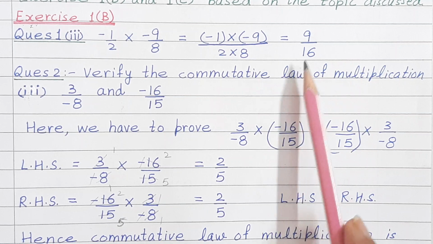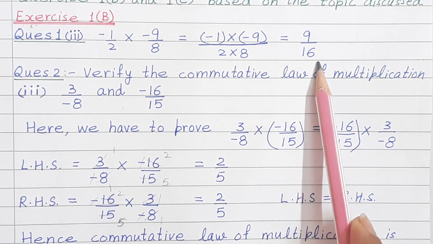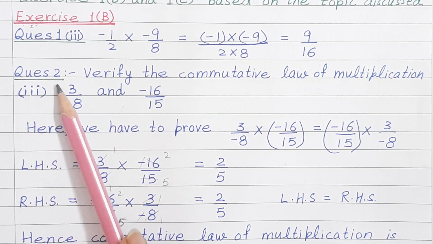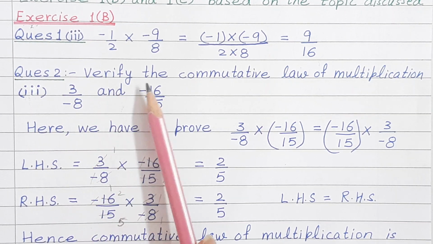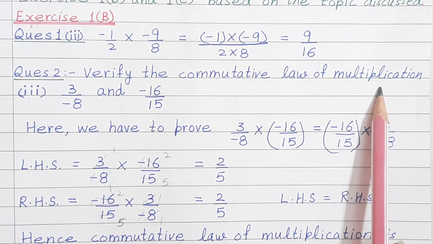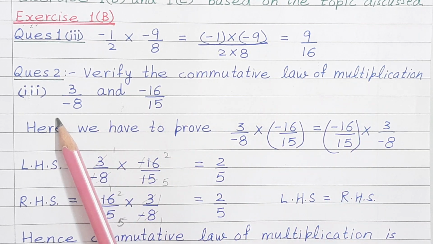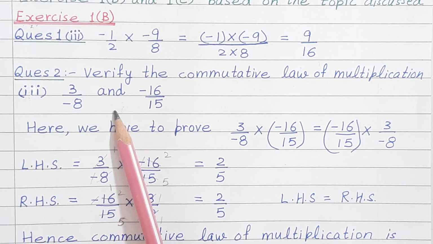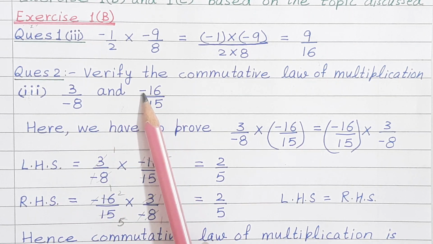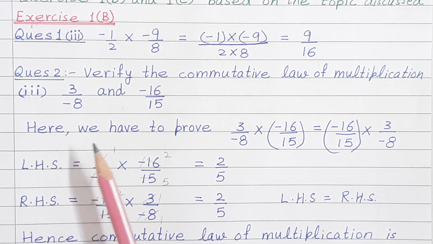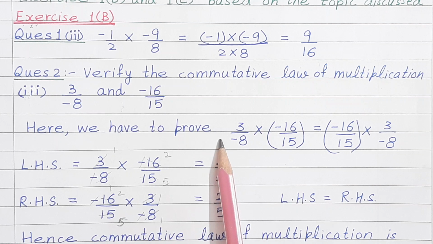So the answer is 9 upon 16. Right? Now question number 2 is verify the commutative law of multiplication. So the third part is 3 upon minus 8 and minus 16 upon 15. So here we have to prove that.